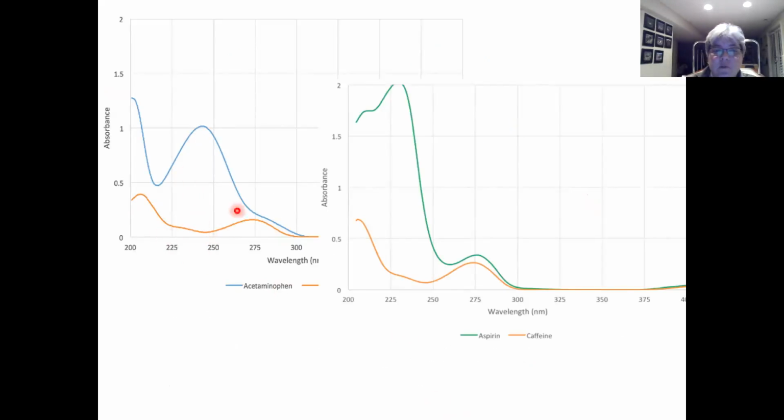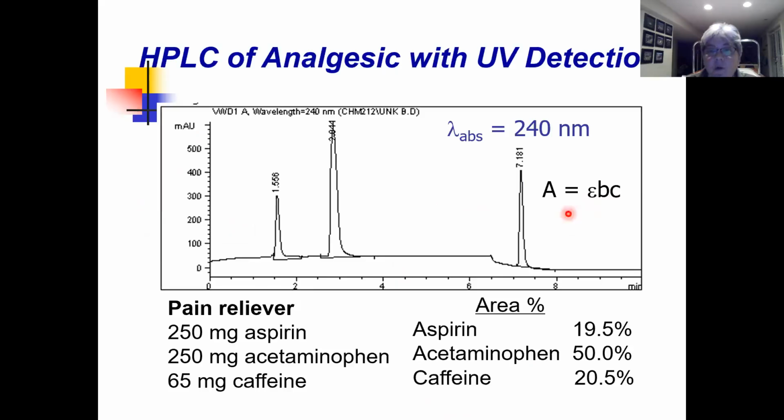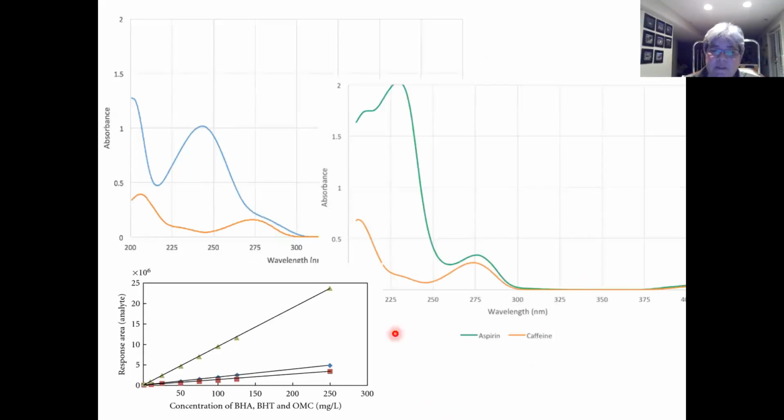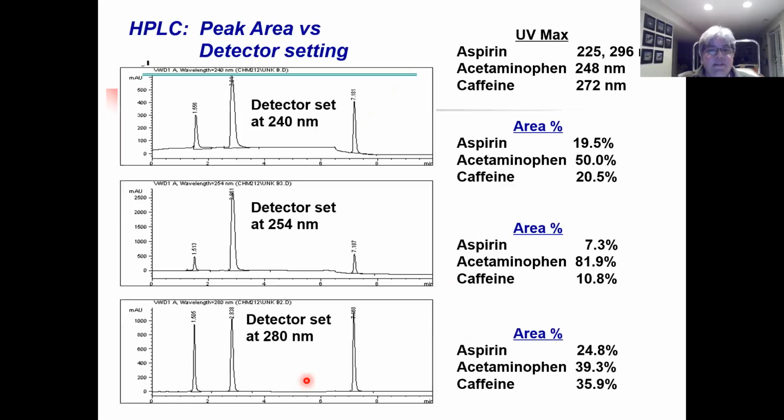So notice the absorbance is not the same for these compounds. So that molar absorptivity is different for each of those. So what that means is you actually have to do a calibration for each analyte. So if you have 3 analytes, like here, you have to do 3 calibration curves, okay, because they each respond differently to the detector.